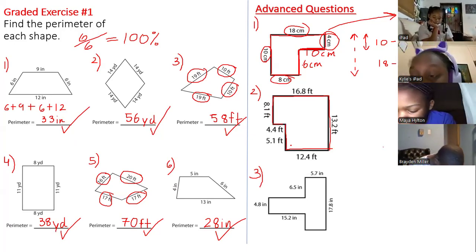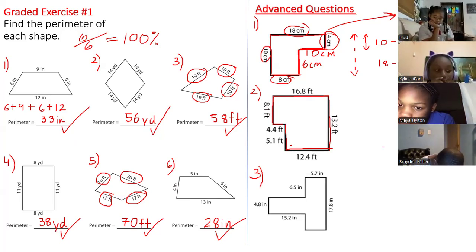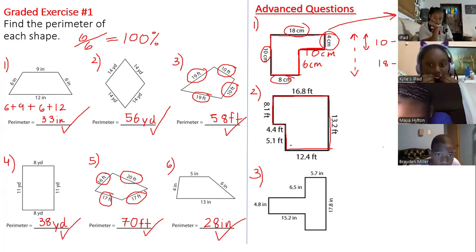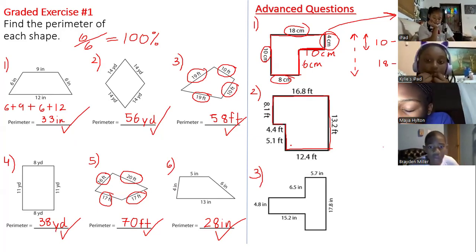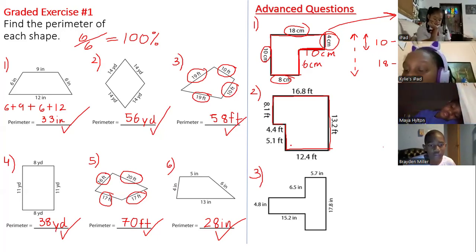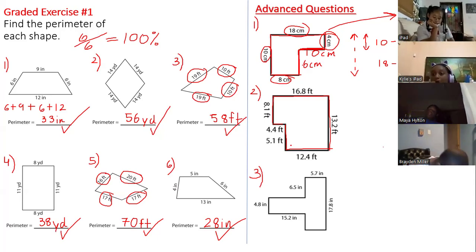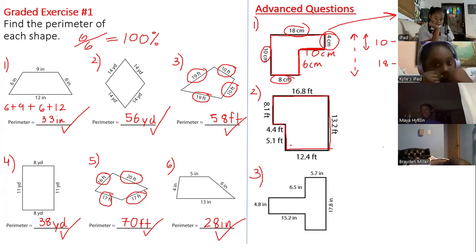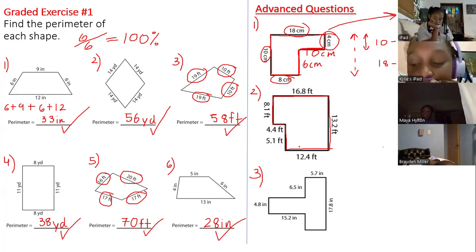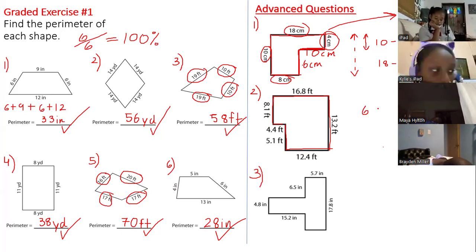I got 60. 60 feet. I got 55. I got 59. You got 59? So that means that some of you cannot add decimals. No, the answer is actually 60. 60 feet. Anyone else get that? 60 feet.